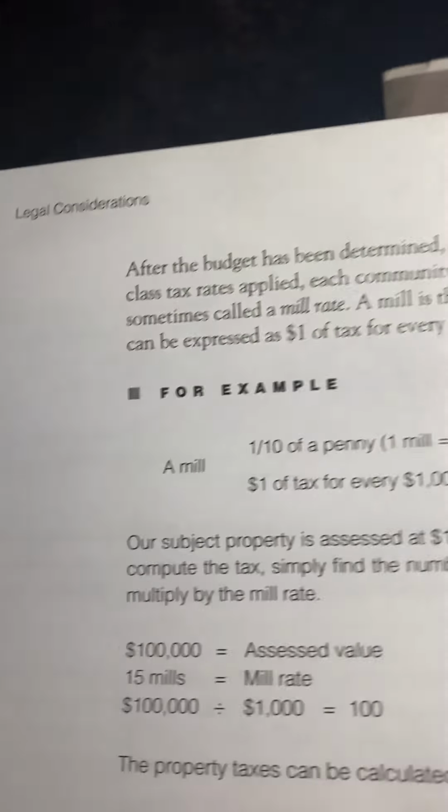For example, a mill is 1/10 of a penny. 1 mill equals 0.001, or $1 of tax for every $1,000 of assessed value.